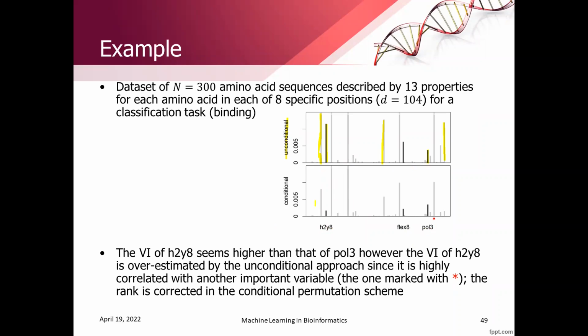And if we use the conditional variable importance, we obtain that the importance of the variable is much lower than the importance of the attribute POL3. So if it is possible, then the conditional variable importance is better than the unconditional.